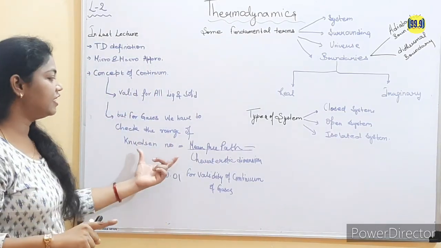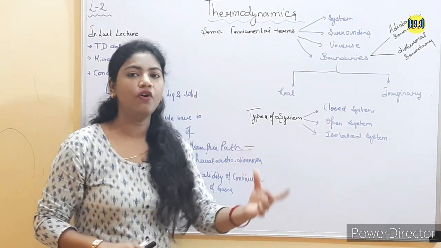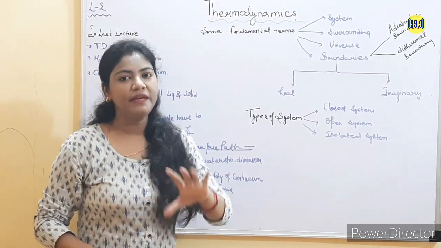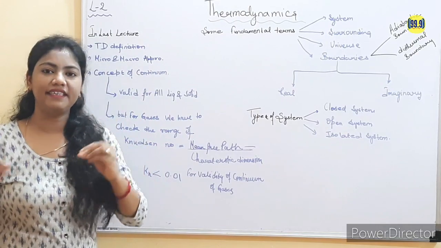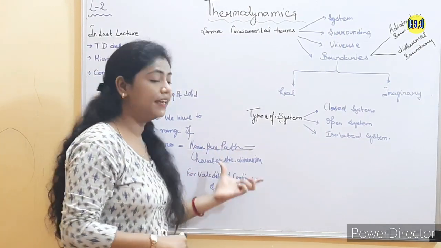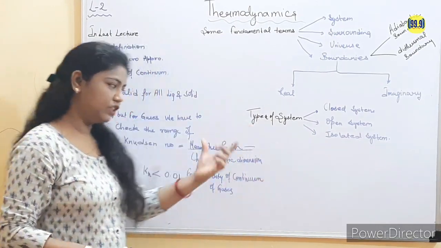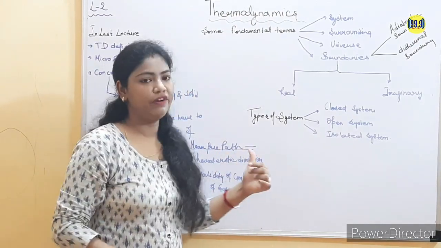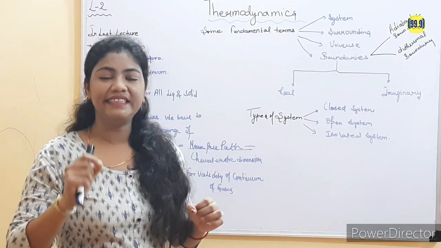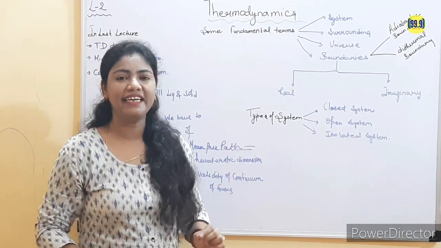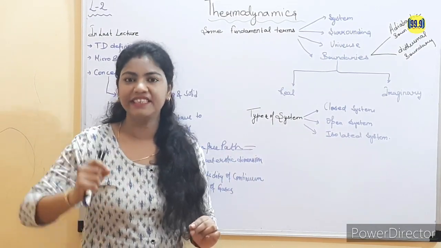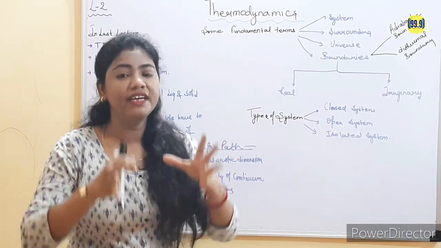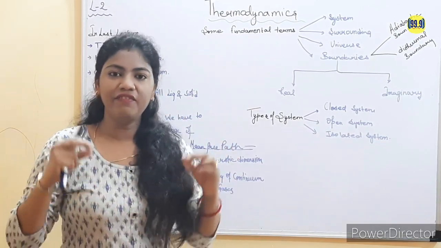Knudsen number is the ratio of mean free path to the characteristic dimension. Now what is mean free path? Mean free path is the average distance traveled by a molecule between two successive collisions.